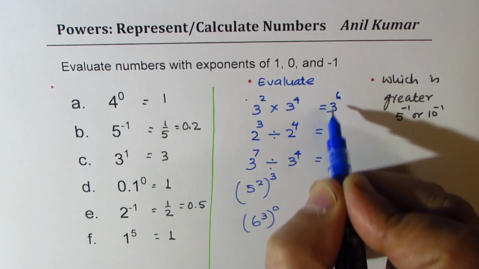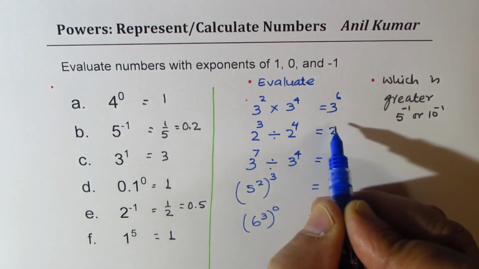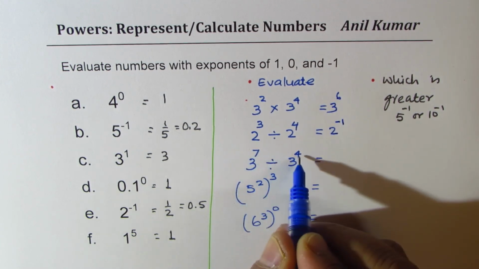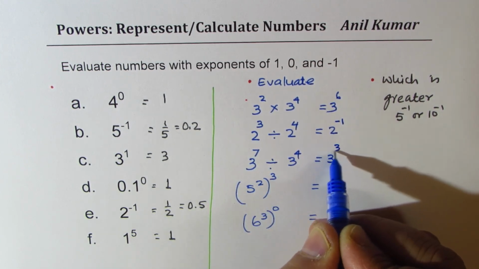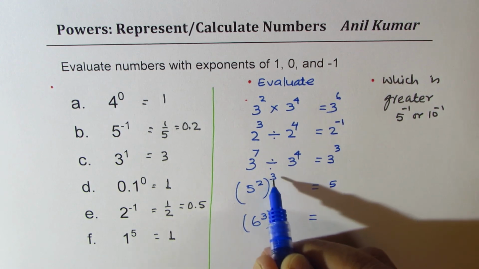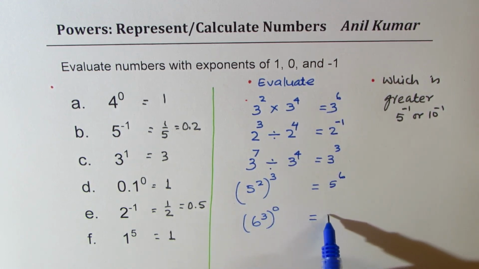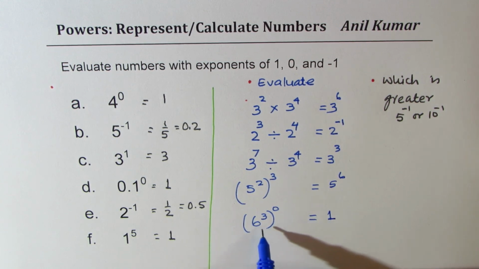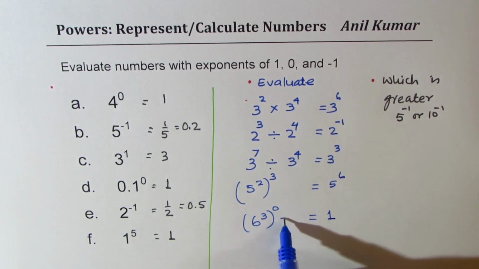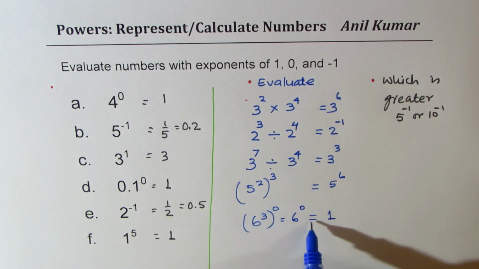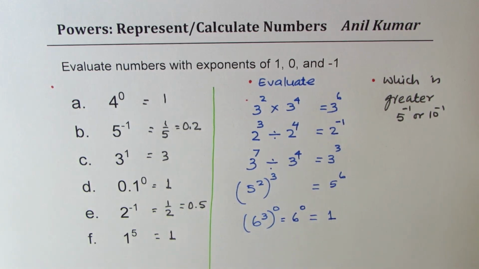So it is 6, 2 to the power of, when you divide, minus 1, and here you'll take away 3 to the power of 3. Here you're going to multiply 3 times 2 as 6, and here anything to the power of 0 is just 1. Correct? So first you should write this as 6 to the power of 0, 3 times 0, and then 1. So I hope that gives you a good review of what we have learned about powers.